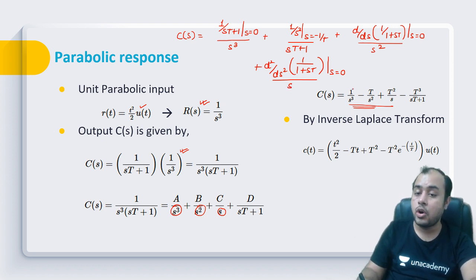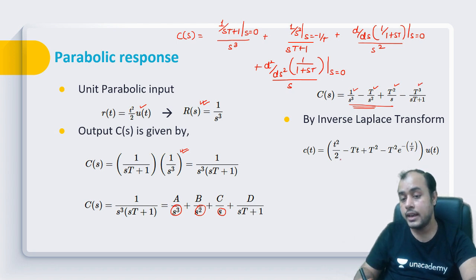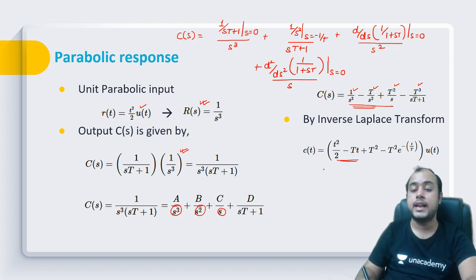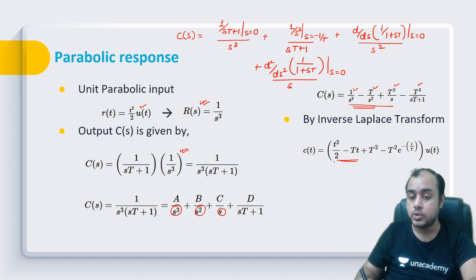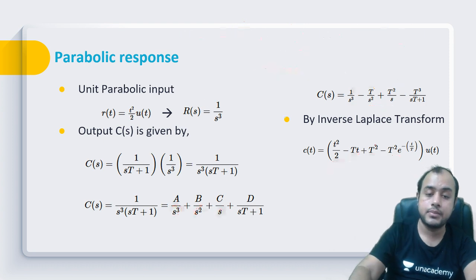So that way all these coefficients will come from this partial fraction, and this will be the output, the equation that is shown here. T square by 2, this is the parabolic. Okay, this is the parabolic input that you applied, and this is the linear term, constant term and an exponential term.